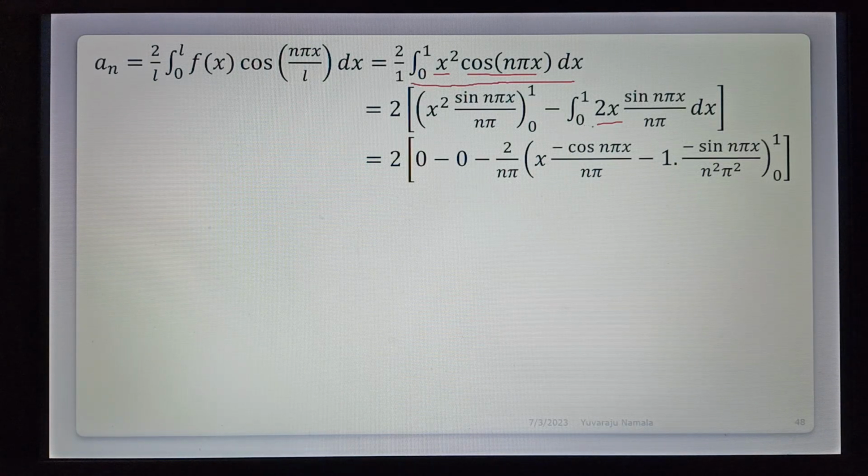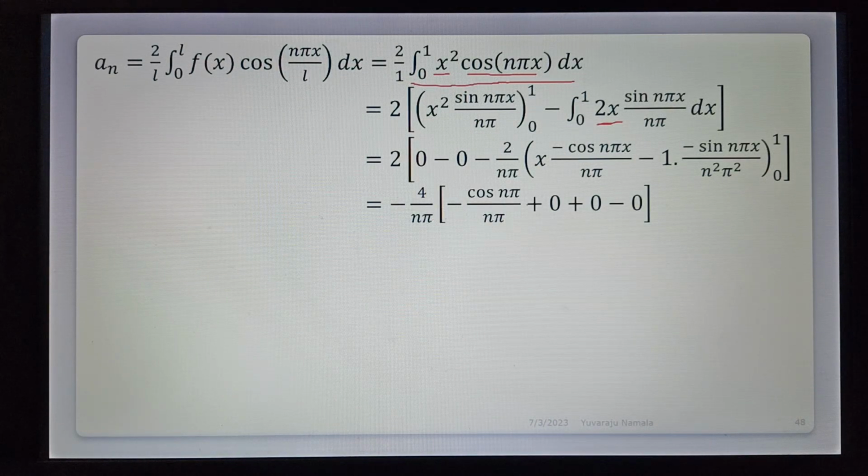Next, again this is the u into v method. So 2 by n pi is a constant, common, and x, u is equal to x. That is x into the integration of sin, minus cos n pi x by n pi, minus the derivative of x, which is 1, into the second integration, minus sin n pi x by n square pi square, limit 0 to 1.